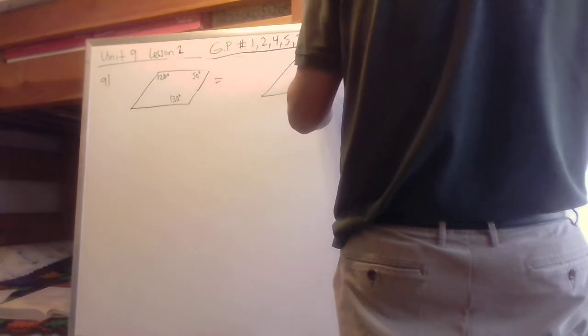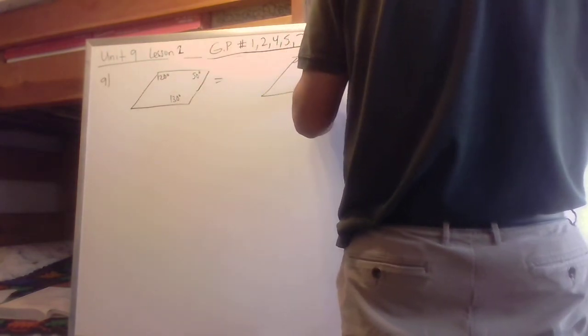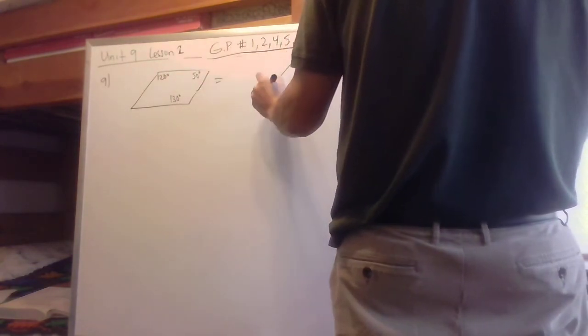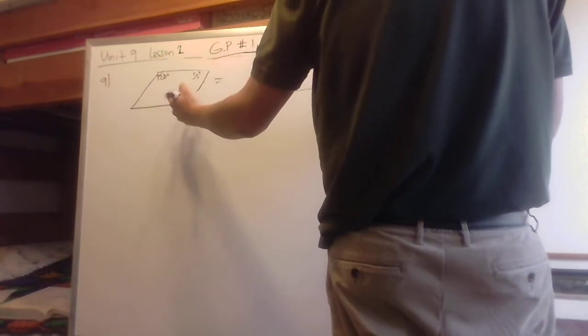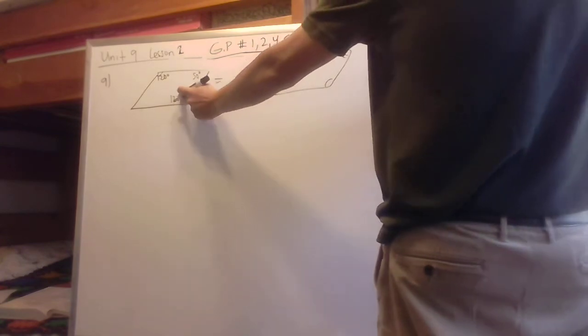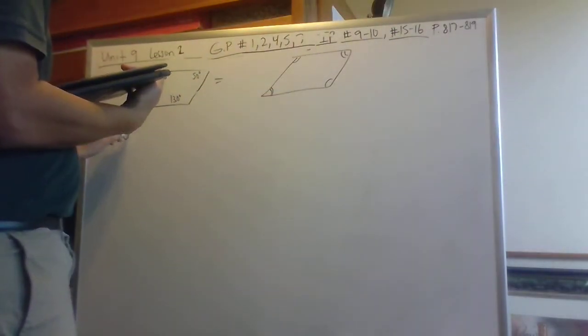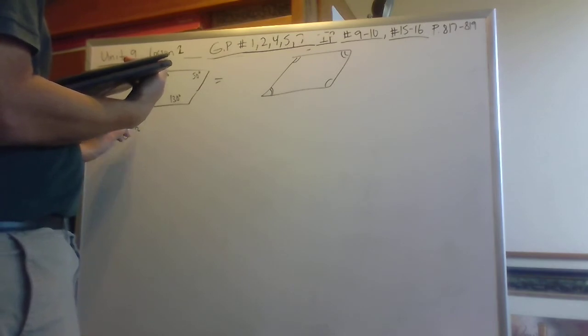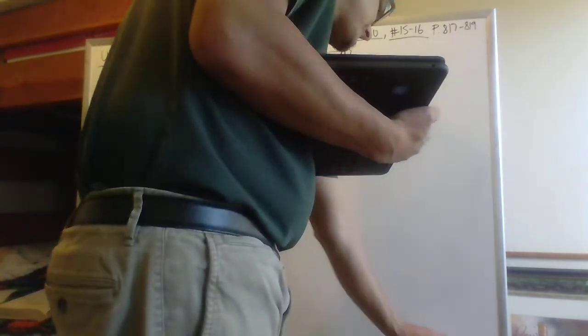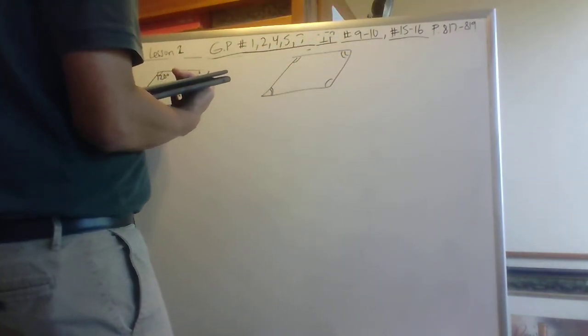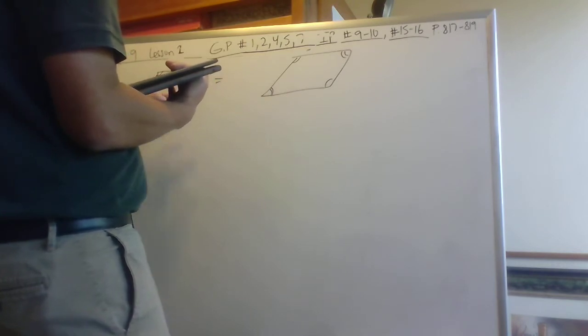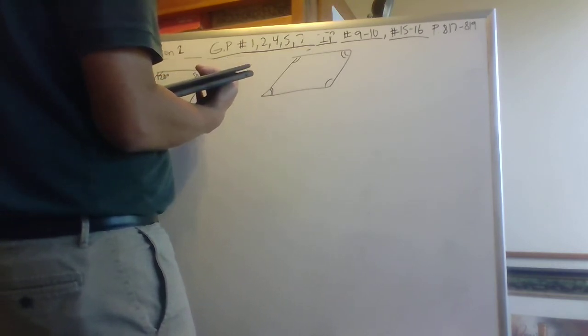We have discussed the property that a parallelogram has opposite angles that are congruent. If we look at 120, is that congruent to the opposite angle of 130? No. Since 120 degrees doesn't equal 130 degrees, that means that these opposite angles are not congruent.